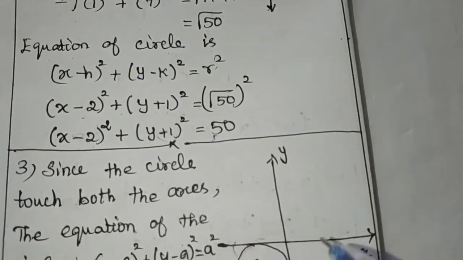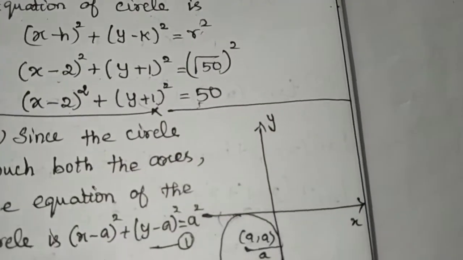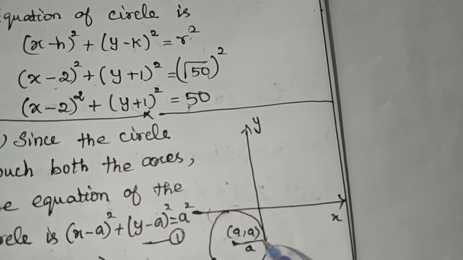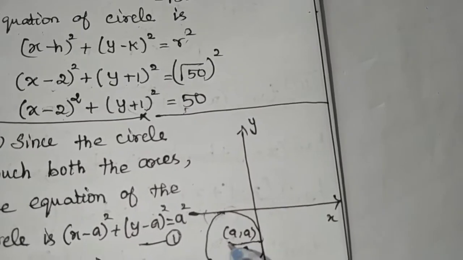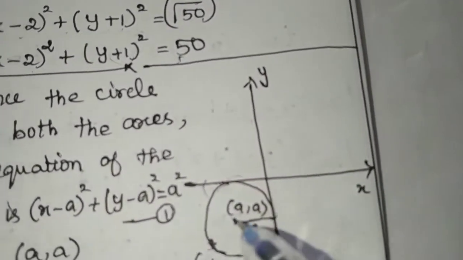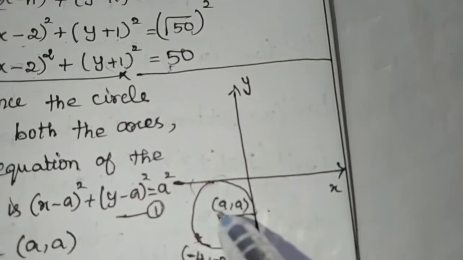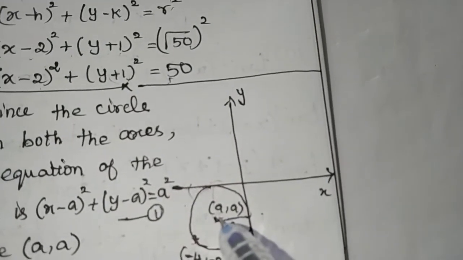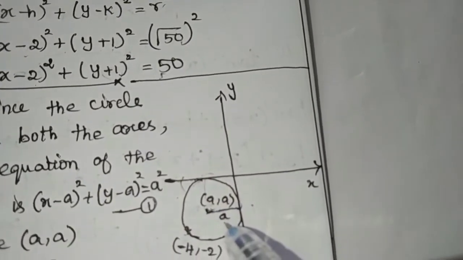Since the circle touches both the axes, this distance and this distance are equal. This one is a radius, here also radius. I will take radius equal to a, but this point is (a, a). So the center (h, k) equals (a, a), radius also a.